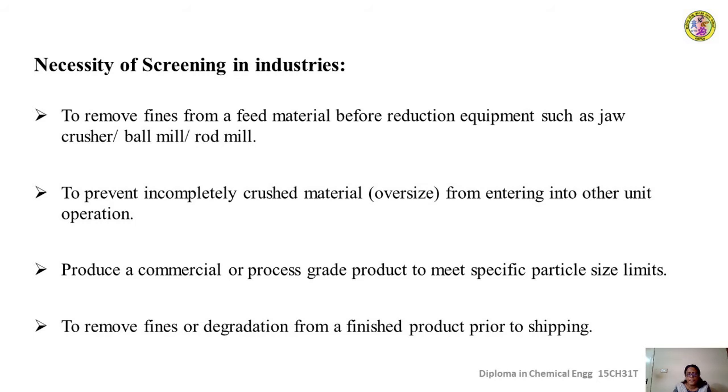The various size reduction equipments will operate and give the required amount of size reduction based on the size of the feed and the size of the product. So, to feed a material to a size reduction machine, the material that is used should be free from fine solids.